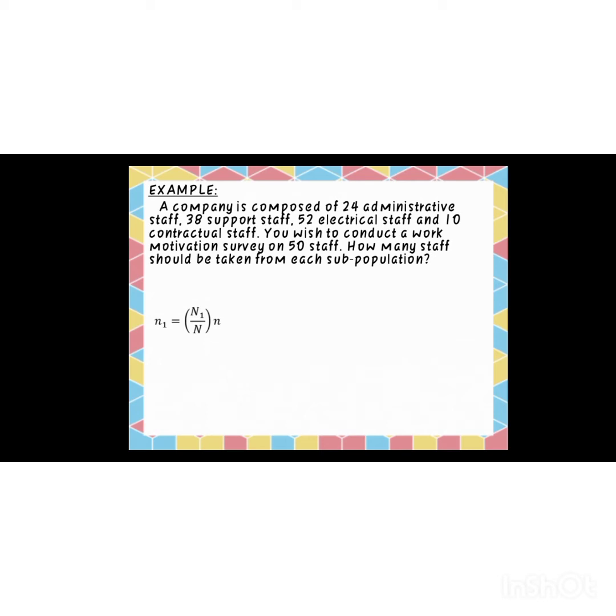A company is composed of 24 administrative, 38 support staff, 52 electrical staff, and 10 contractual staff. You wish to conduct a motivation survey on 50 staff. How many staff should be taken from each subpopulation? Again, using the formula, substitute lang po natin.